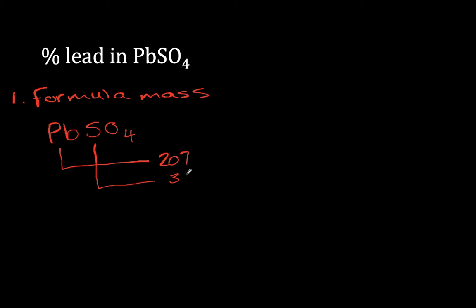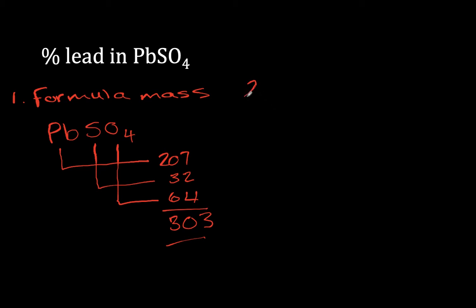Sulfur has a formula mass of 32. And 4 times 16 is 64. Now if we take a moment to add these together, that's 207 plus 32 plus 64 gives us 303.